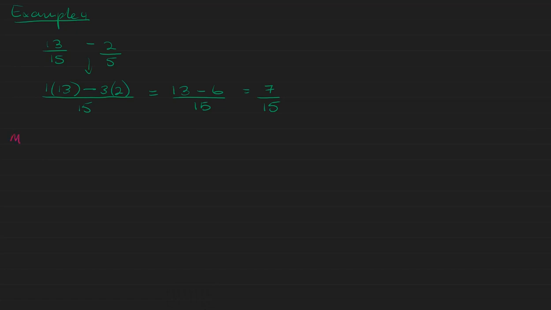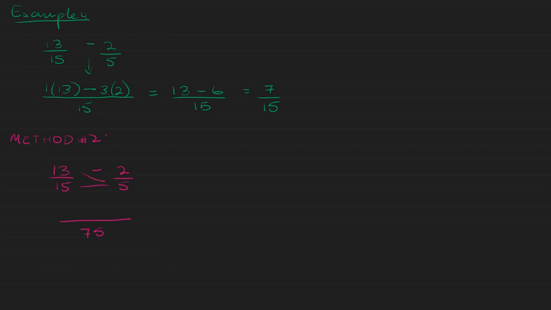So let's say this is a method number 2 that deals with both addition and subtraction that you can use for both addition and subtraction. So we have 13 over 15 minus 2 over 5. And what we do is we multiply the denominators. So we have 15 multiplied by 5.